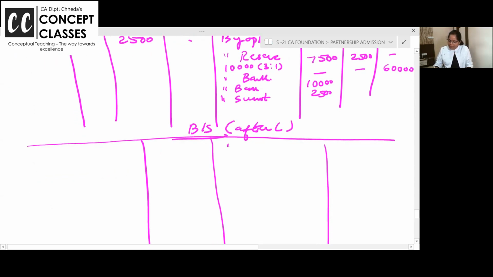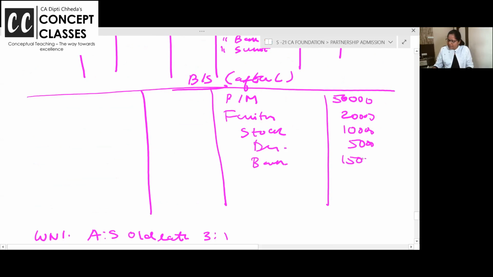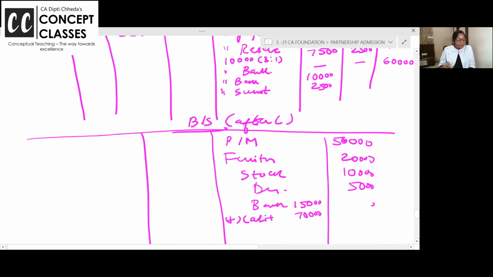So now we can just copy the figures in the balance sheet very quickly. Plant and machinery 50,000. Furniture 20,000. No change. Stock 10,000. Debtors 5,000. Bank will not change, right? No, bank will definitely change. 15,000 and Lalit brought 70,000. Still keep bank in the inner column. Lalit has brought capital 60 and 10.